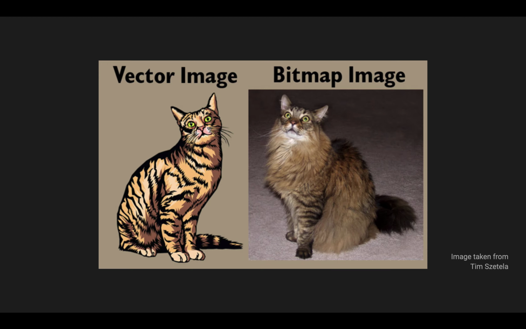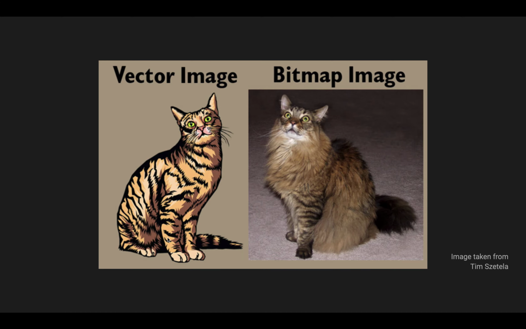The answer is because you can capture a different kind of picture or image using bitmap or rasters than you can with vectors. So this cat right here is a bitmap or raster picture, and it's photographic. It's a photograph. You can capture millions more colors and have much more gradation and just a different look than this vector image, which is cool, but it's got a very graphic feeling.